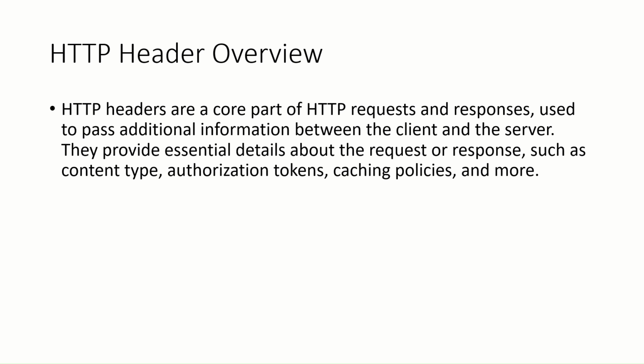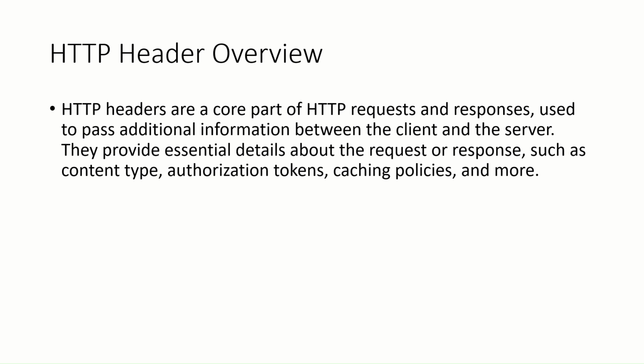They provide essential details about the request or response, such as content type, authorization tokens, caching policy, and many more. So the main purpose of HTTP headers is to pass additional information between the client and the server.